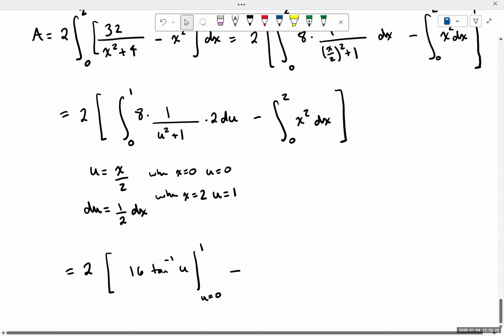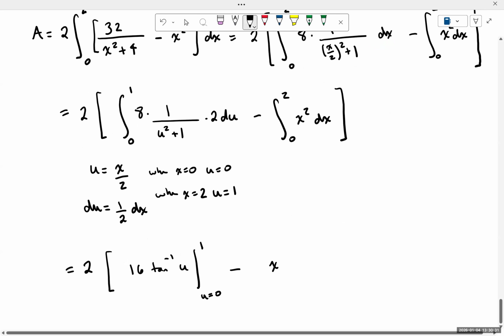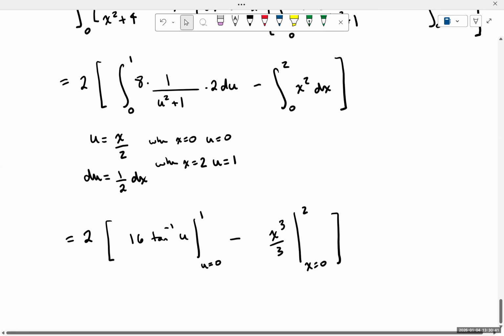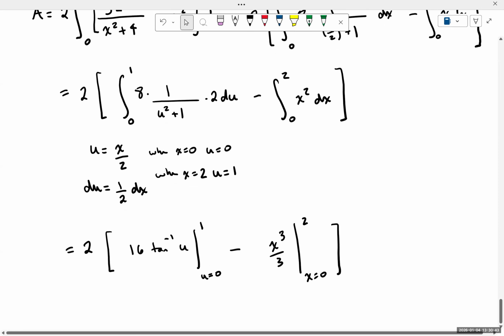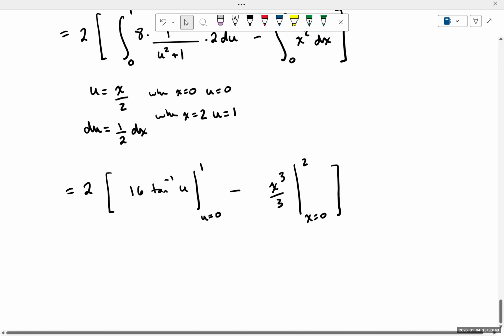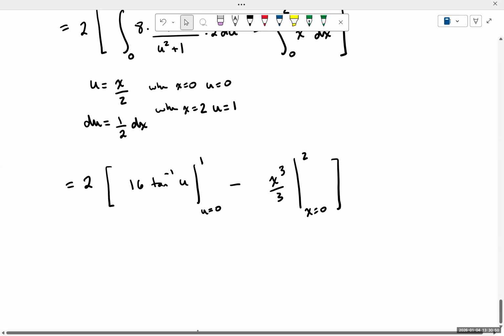And then this is just going to be x cubed over 3, x going from 0 to 2. Okay, and of course, you don't need to write that there. I wrote that there to keep myself clear what variable is doing what. Okay, you can also change back to x and use your original ones, whatever you like.